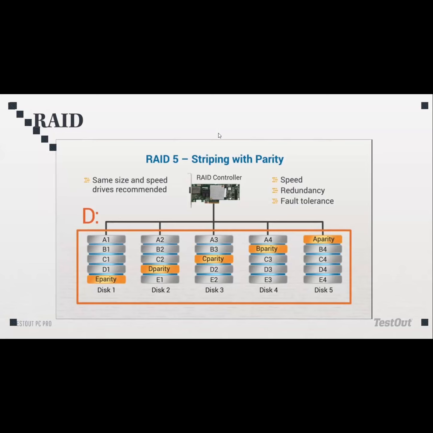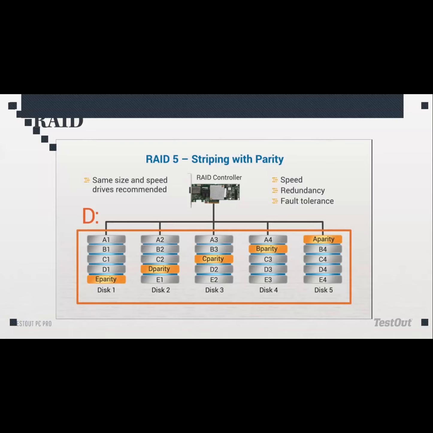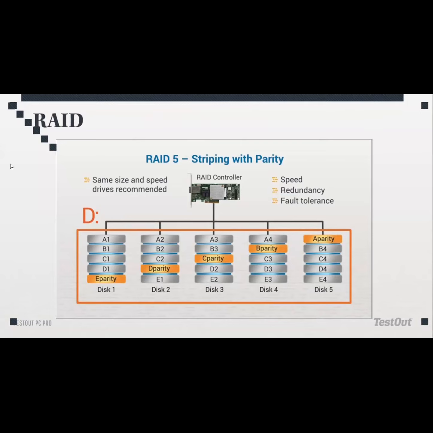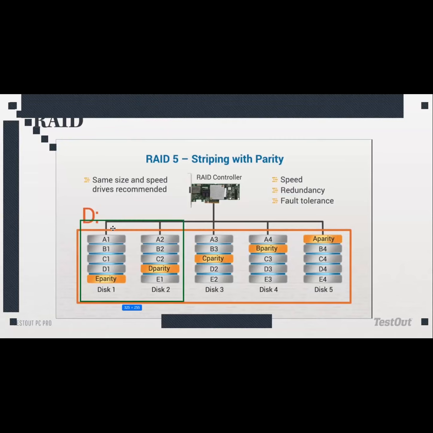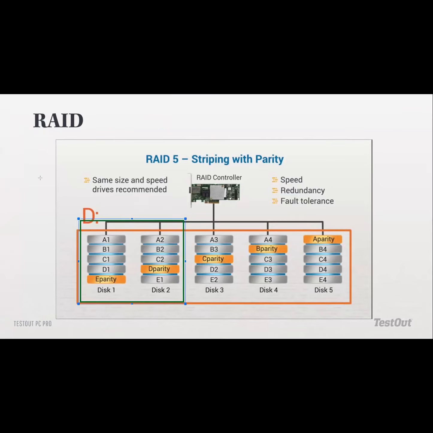We know that with the regular RAID 0, if one drive goes away, because the data is split into 2, let's work with these 2.